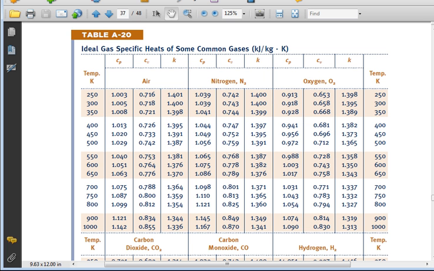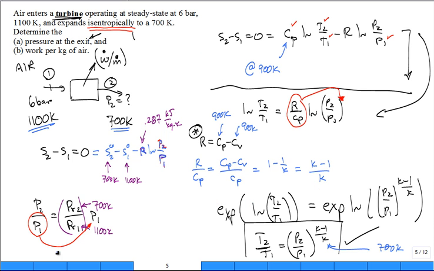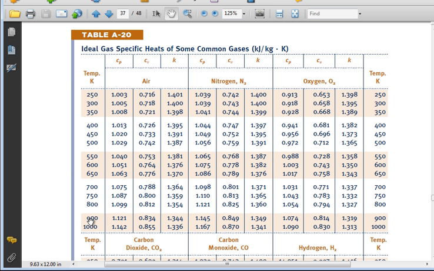Well, I thought I was solving where the average temperature is 1,000 and 700. So I add them. Oh, it's at 900. You're right, 900. It's at 900 Kelvin. So, oops, getting close to the end of that table, aren't I? So use a K of 1.344. Thank you for that correction. Okay?